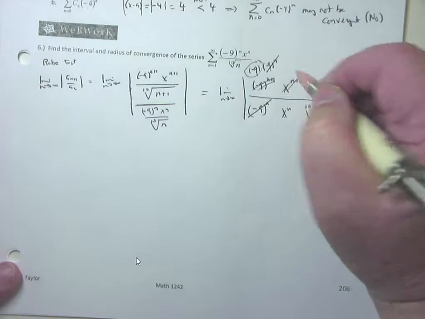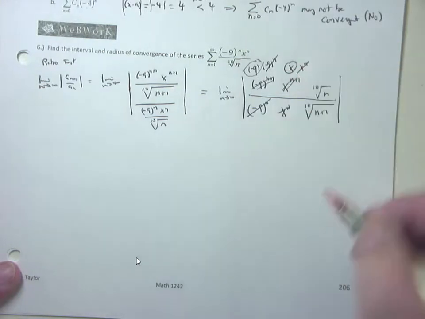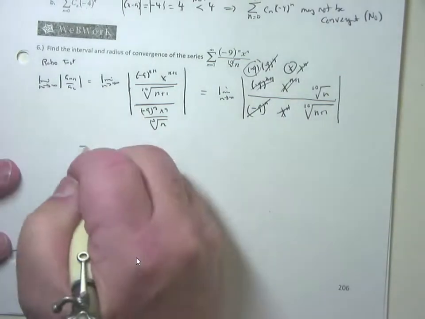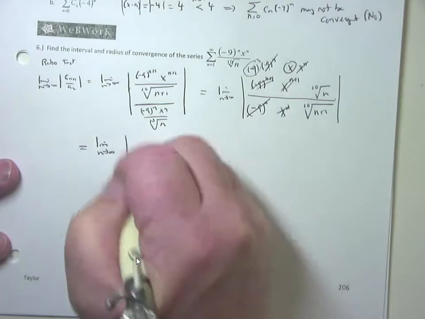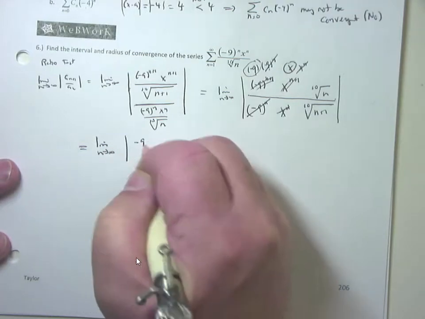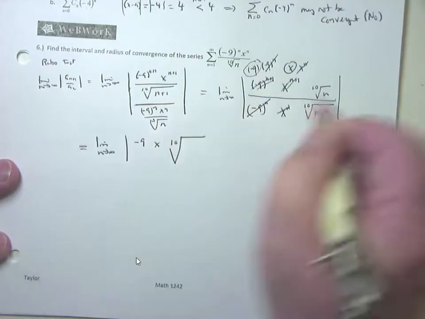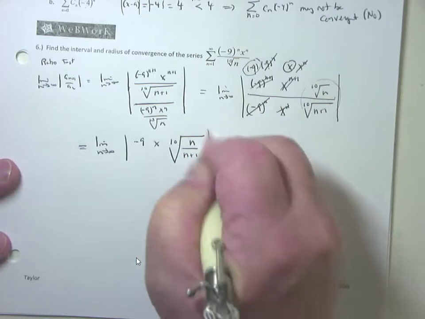Again, x to the n plus 1 is x times x to the n, and the x to the n's cancel, so you're left with an x. The rest of them have n's on them, so I have to take the limit on that. So this is equal to the limit as n approaches infinity of the absolute value of negative 9 times x times the 10th root of, and I'm going to go ahead and combine these two, n over n plus 1.